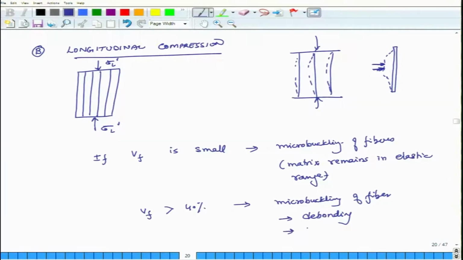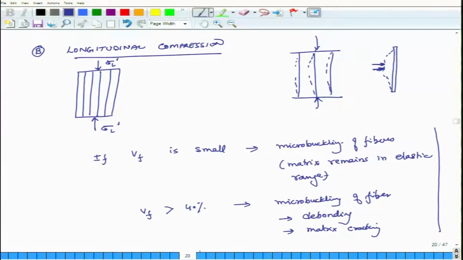So, the matrix can crack also. Matrix cracking can also happen. So, these are some phenomena, and we will organize this whole set of phenomena for different situations.